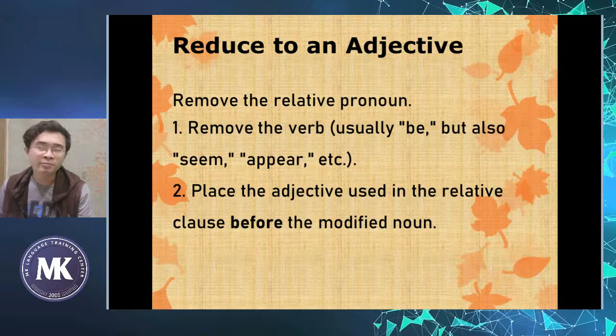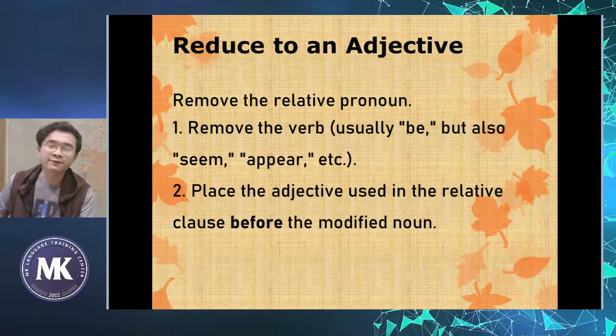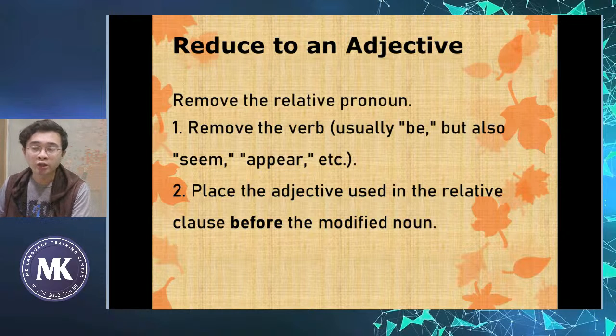So remember in our clause somehow there's like WH or relative pronoun followed by be form and followed by adjective. So now we remove our WH pronoun, relative pronoun, then followed by be form, and then what is left is your adjective. So we need to transfer the adjective before the noun that it modifies.